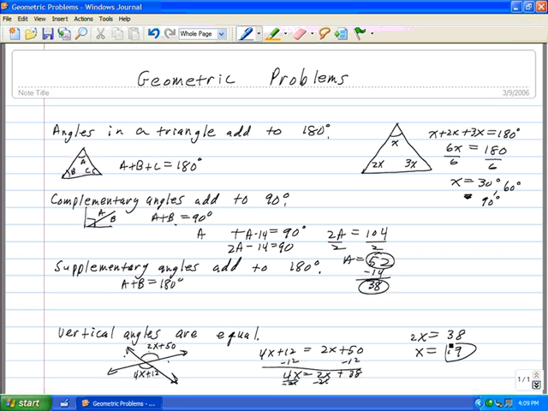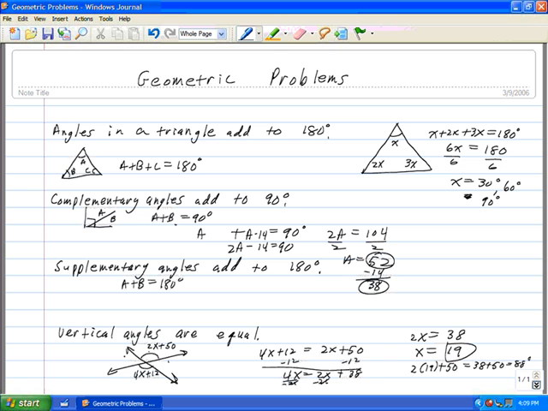And to find the actual value of these angles, I would have to substitute the 19 back in for one of the x's. So substituting it back in, I've got 2 times 19 plus 50, which is 38, plus 50, which is 88. So these two equal angles measure 88 each.